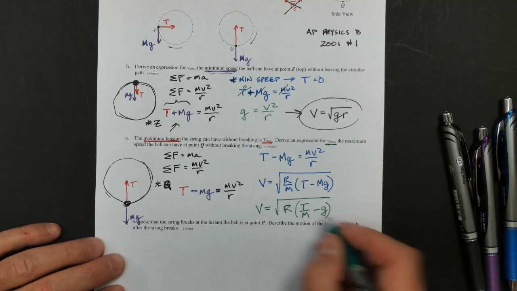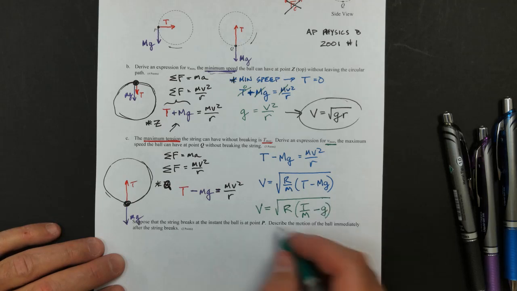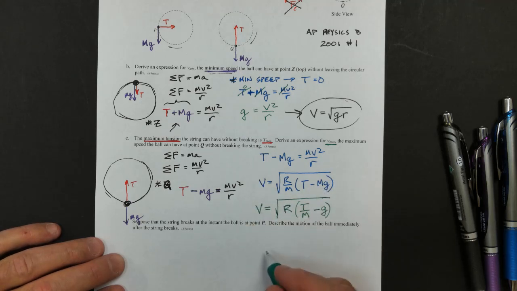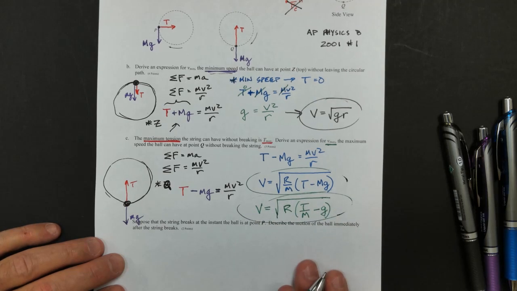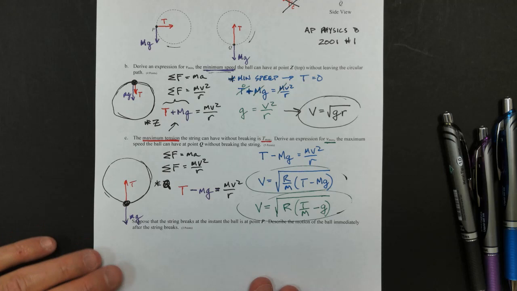Those are both algebraically equivalent, mathematically equivalent if you plugged in the numbers, so either one is correct. You just want an expression that accurately represents the maximum speed. I think that's it for that part. Either one is fine, and you just want to make sure you box or circle your answer so they know what you're looking for.